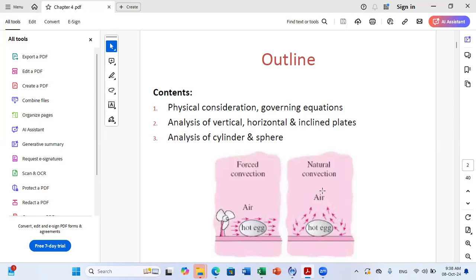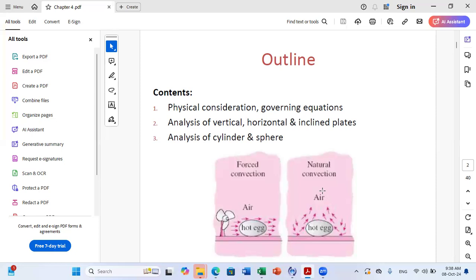But the convective coefficient H will be much smaller than the case with the fan because the velocity of air close to the hot egg will be relatively small, and then this will induce smaller values of heat transfer.